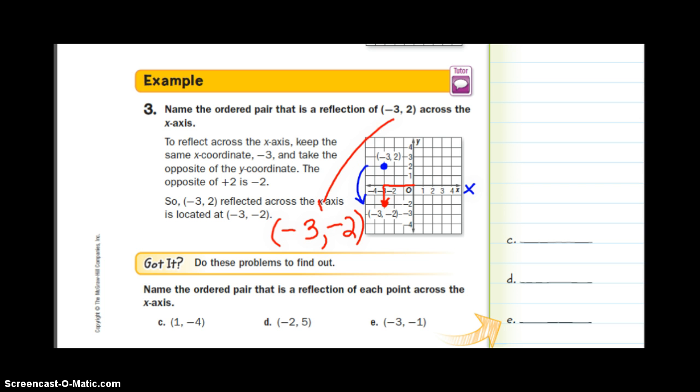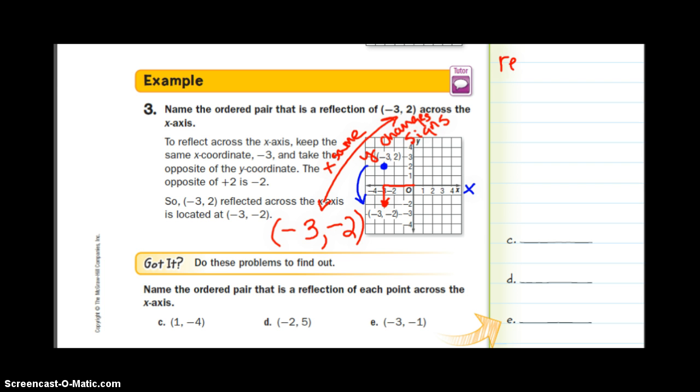Now, notice something. If I compare these, the x stays the same. So x remains the same. The y changes signs. That's a clue that we should write down over here in the margin.